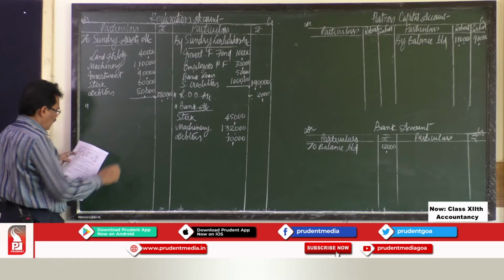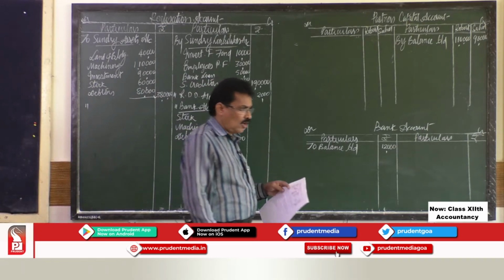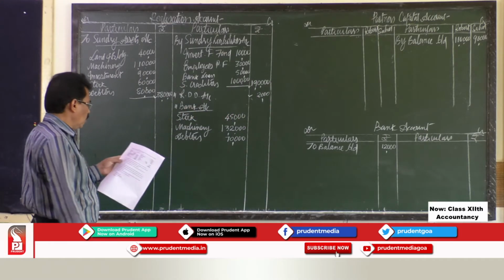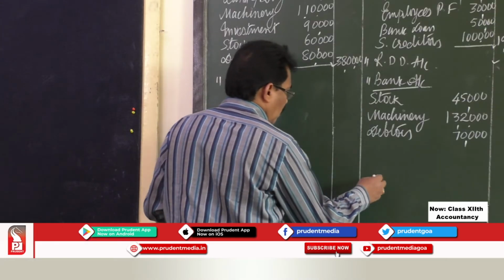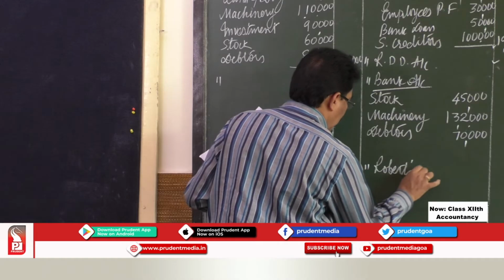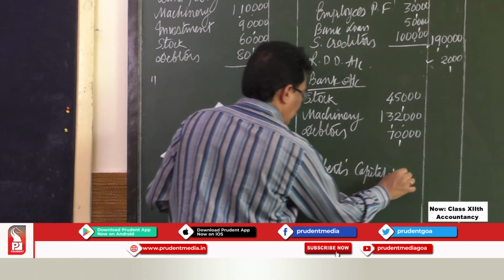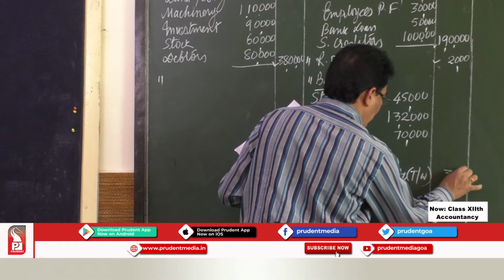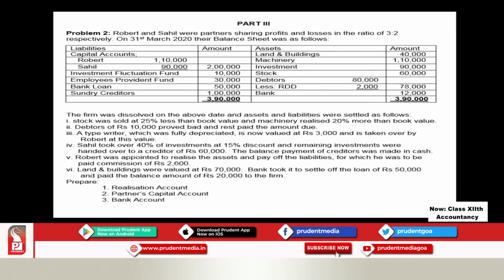So when Robert takes over, you have to debit Robert's capital account. The value of the typewriter taken over is 3,000. So by Robert's capital account, this is for typewriter taken over. Its scrap value is rupees 3,000.